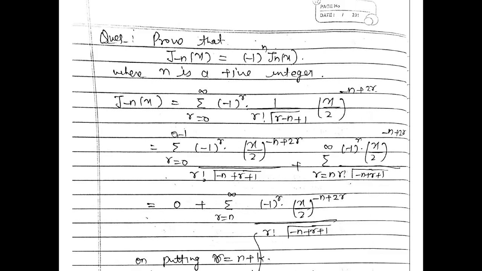So r is equal to 0 to n-1, (-1)^r (x/2)^(-n+2r) upon r factorial gamma(-n+r+1), and r is equal to n to infinity, same as it is. So that value will be 0 because for negative integers gamma turns to infinity. Here you can see r factorial gamma(-n+r+1). So this value will turn to 0 and this value will be remaining here, right?